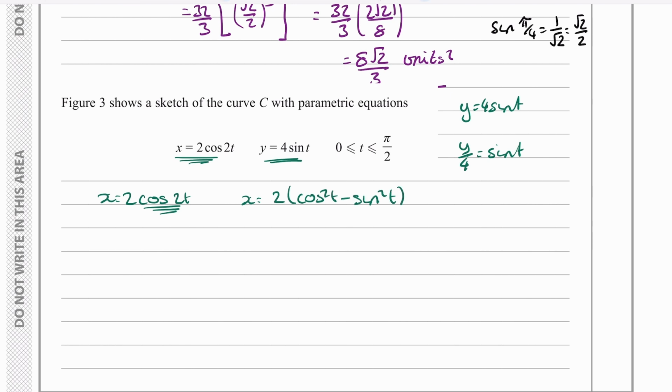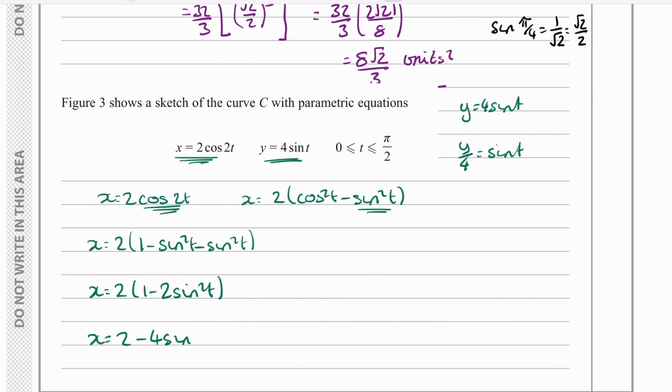And because we have sine t, we can rewrite this cos squared in terms of sine squared. So x will equal 2 lots of 1 minus sine squared minus the other sine squared. And this will give us 2 lots of 1 minus 2 sine squared t. We'll expand out the bracket, so we get 2 minus 4 sine squared t.